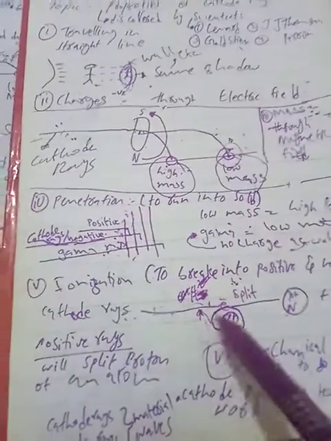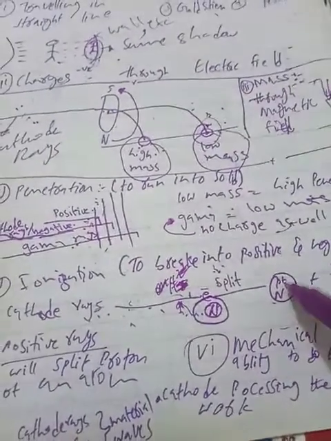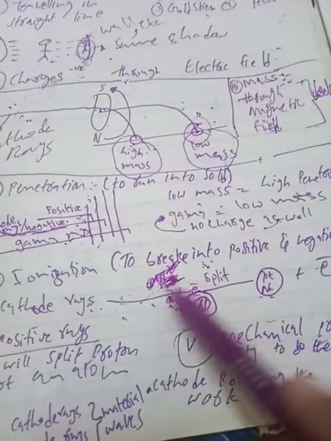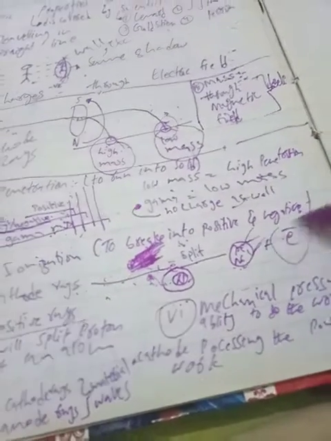When we move the cathode rays from this side, it will be converted into a nucleus which has a proton and neutron. So it is not an atom of hydrogen because a neutron is present. I am just giving you an example. So when we pass cathode rays, it will be converted into a nucleus, meaning a proton and neutron, plus an electron.